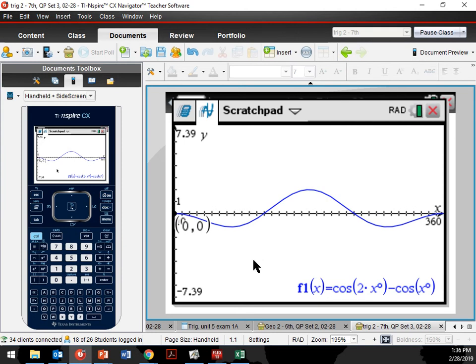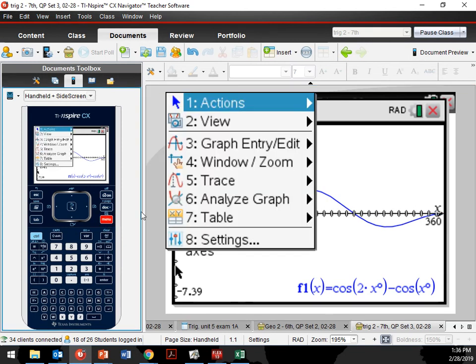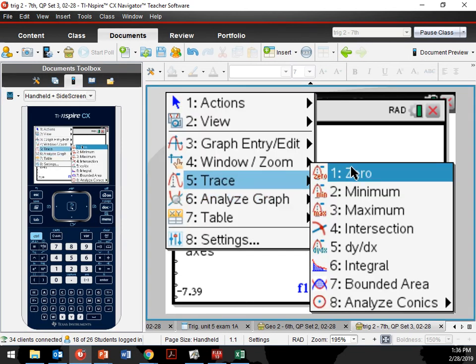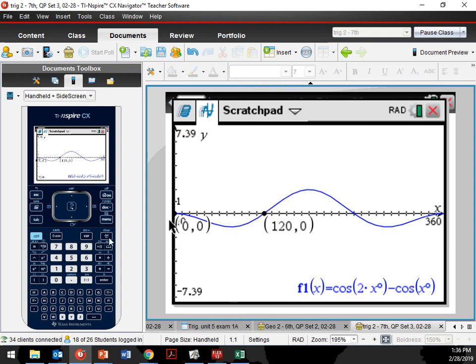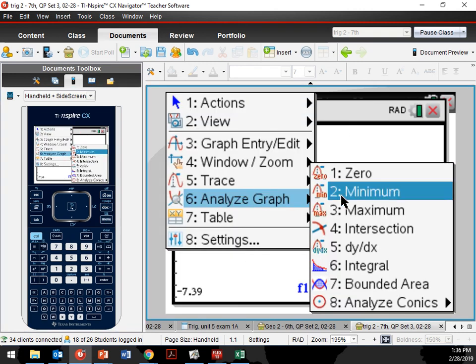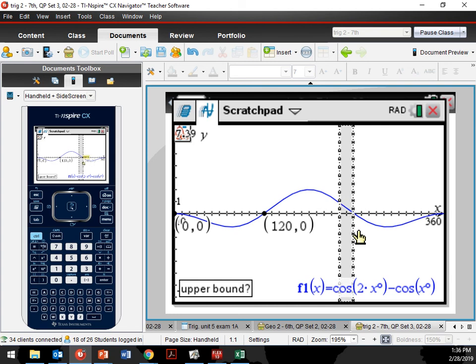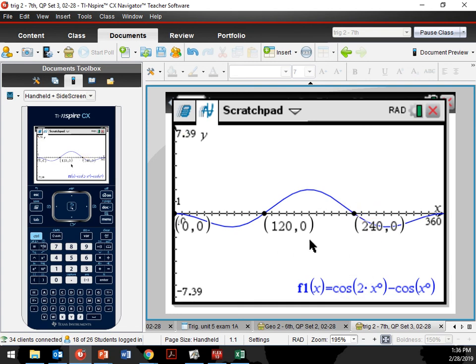Do the next ones. It won't do them all. It does only one at a time.